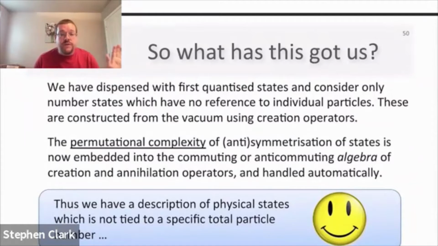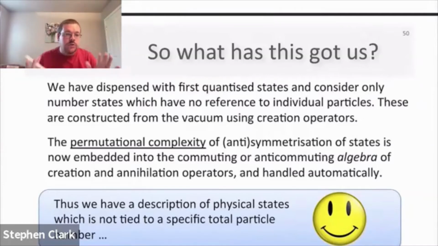All right, so what has all this got us? We dispensed with first quantization. We now only consider number states, so Fock states with occupation number representation, and we've got creation and annihilation operators to allow us to create particles from the vacuum, create different single particle, two particle, three particle states, etc. And we've got rid of all that permutational complexity of anti-symmetrization, and we've embedded it into the algebra of either commuting operators for bosons or anti-commuting operators for fermions.